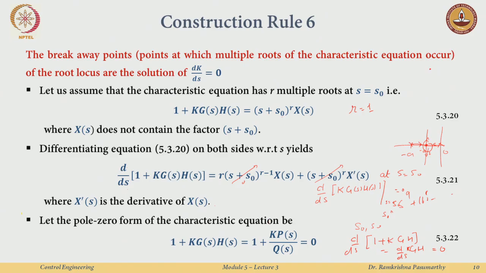So let us again compute for this example and check why this is minus a by 2. What was the characteristic equation? That was 1 plus k over s plus a is 0, or k was minus s plus a. dk by ds would be minus twice s plus a, and if I equate this to 0, I get the solution as s equal to minus a by 2, right, and this is the breakaway point.